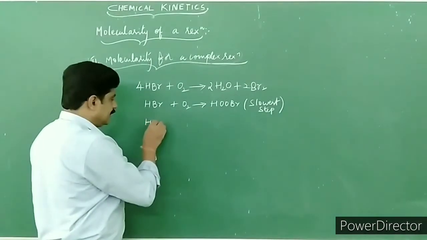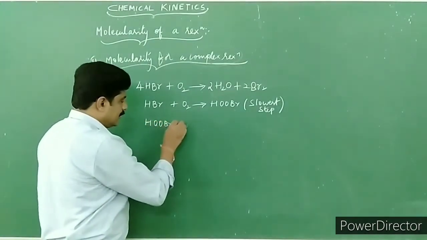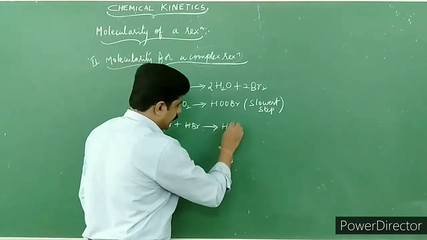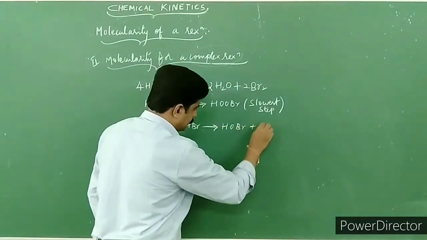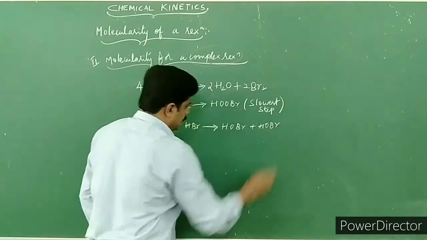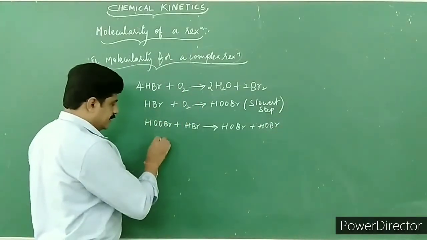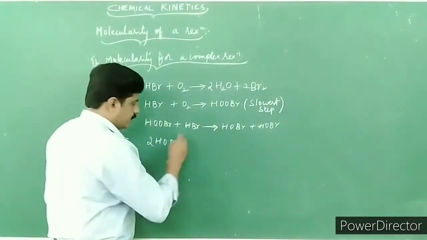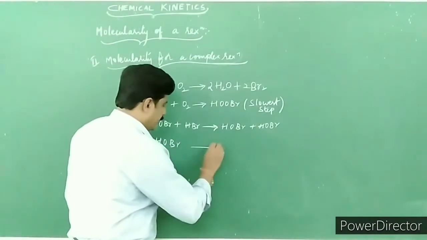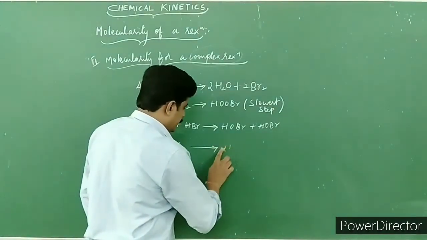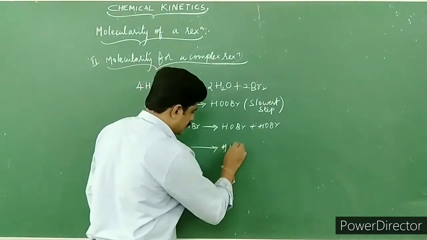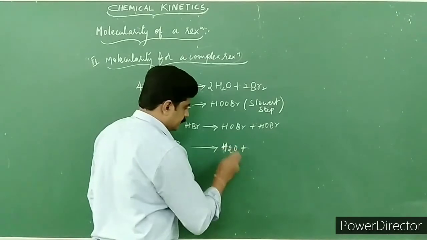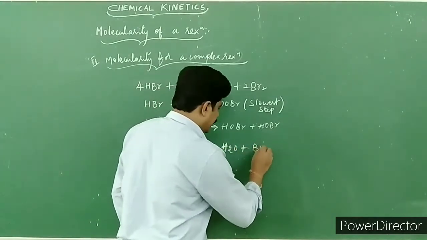Children, HOOBr combines with one more molecule of HBr to form HOBr plus HOBr. Children, in this case, HOBr, two molecules I'll take because two molecules are there, and you are going to get H2O plus Br2.